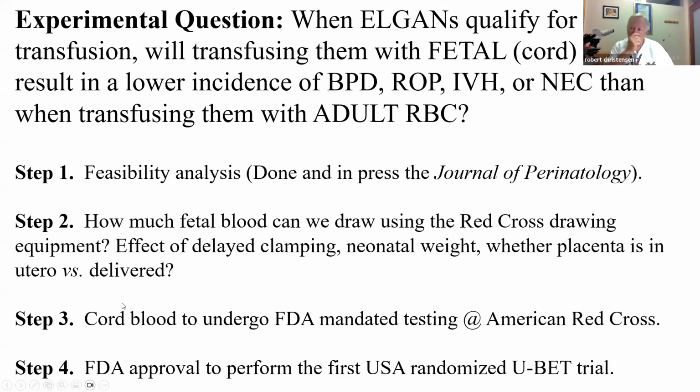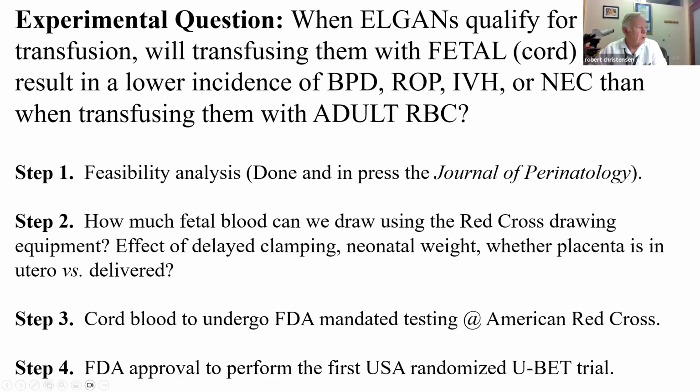Then step 3 is one for which we're now just in the process of designing and seeking funding, and that is to send this blood that we draw to the Red Cross, have them do all of the FDA mandated testing and preparatory steps so we have a Red Cross approved blood product for platelets and another Red Cross approved blood product for packed cells where the source is fetal blood, not adult blood.